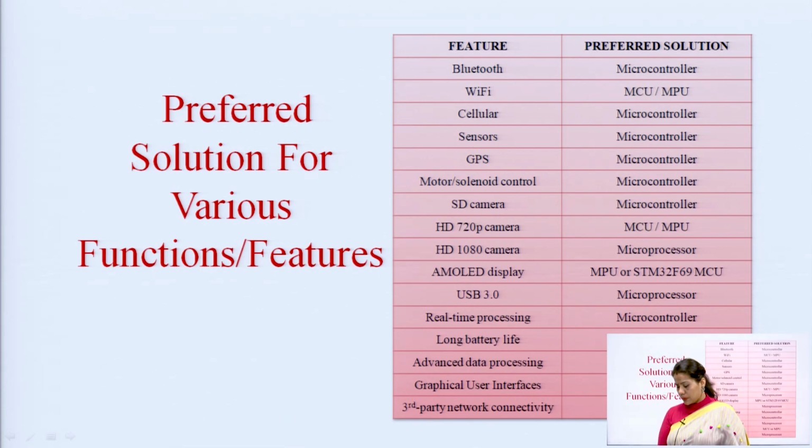Now, how will we select the processor? Let us have a look at this table. This table shows how various features can be implemented in any embedded application, and how we can decide whether the microprocessor or the microcontroller is to be selected.